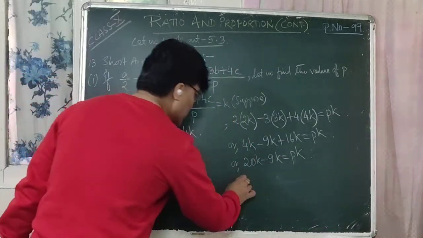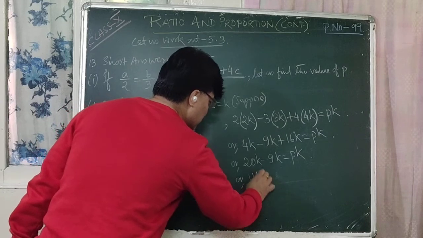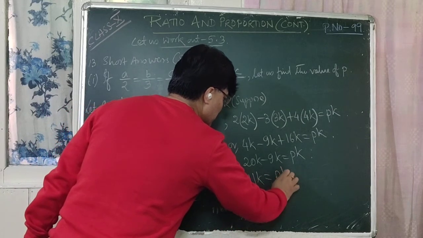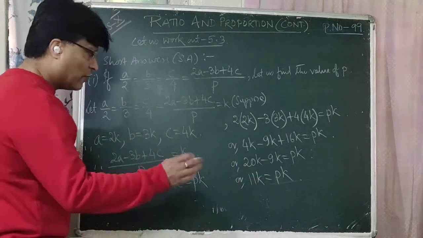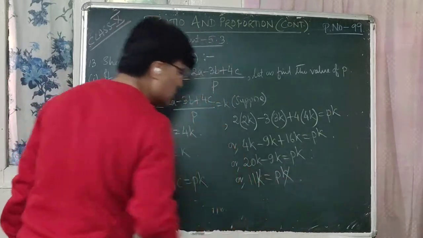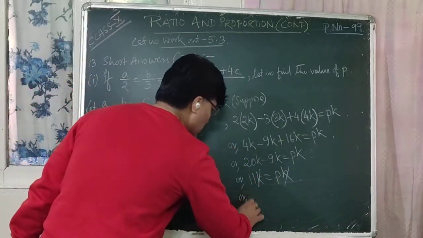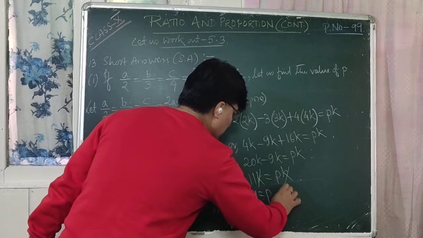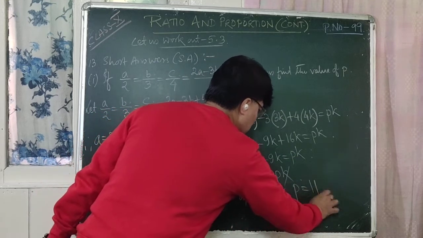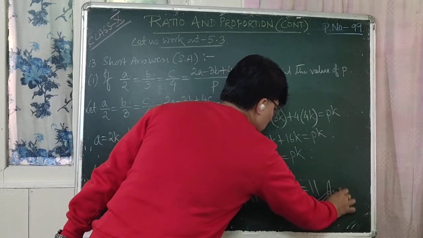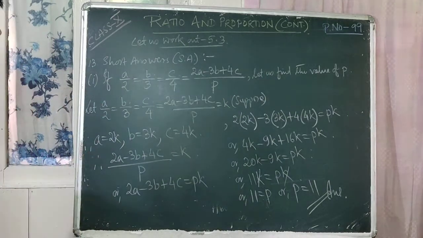What is 20k minus 9k? That is 11k is equal to pk. From both the sides you can cancel the common term k, so 11 is equal to p. So what is the value for p? p is equal to 11. So that is the correct answer.